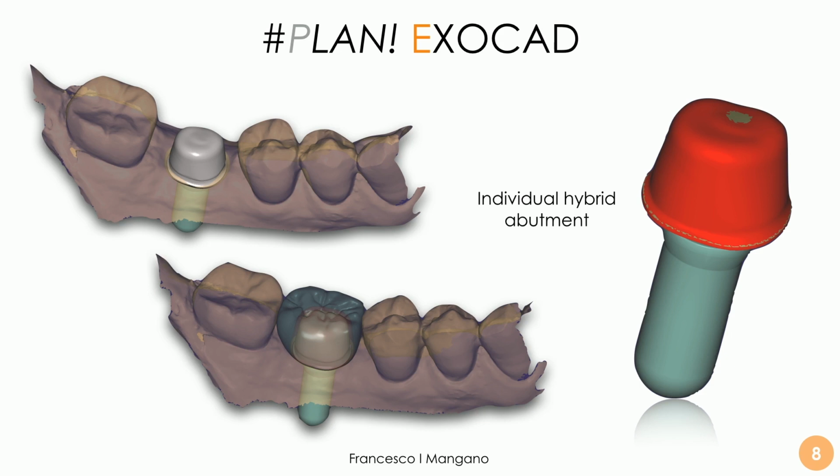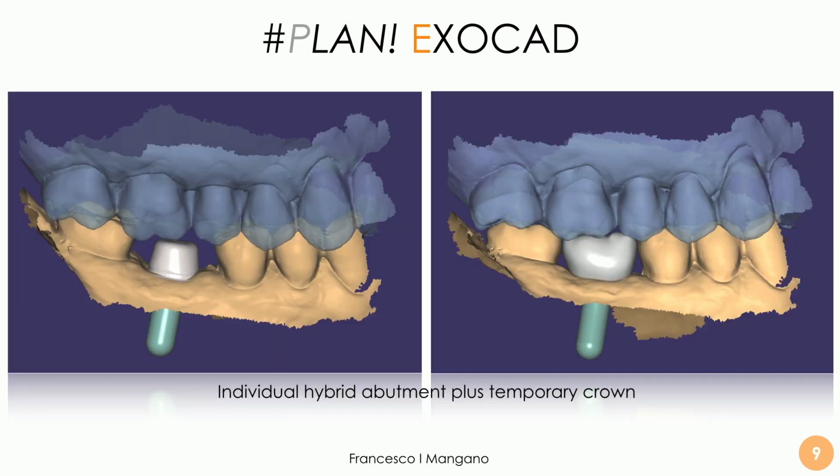After the model of the upper portion of the abutment has been obtained, as we can see here, we can check the spaces and we can model the crown, and in this case it is the temporary crown. The dental technician can model the temporary crown on the space.